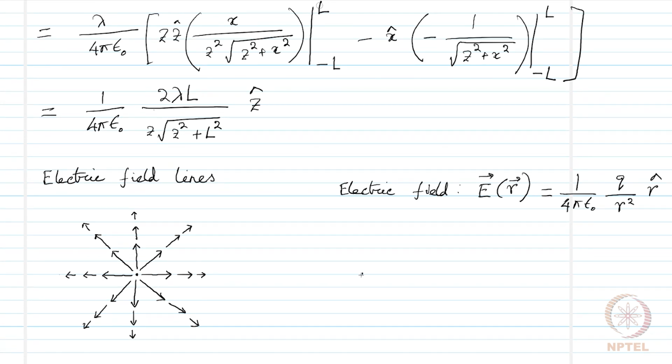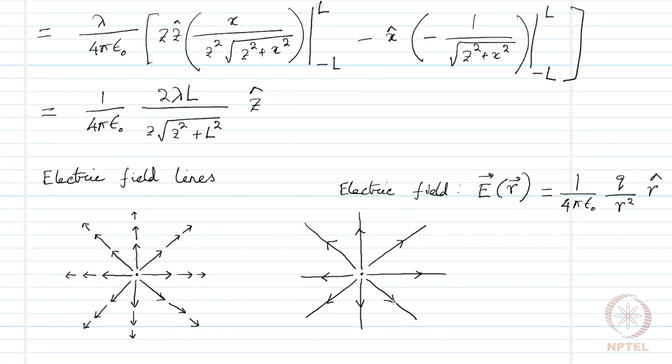But when we talk about electric field lines, the general convention is that we consider the point charge here and we just draw the lines like this. These are called the field lines. So we are drawing continuous lines along the direction of the electric field, at the positions where we drew the vectors earlier. The difference is that these are continuous lines, and the length of the line, the length of the arrow, does not really represent the strength of the electric field.